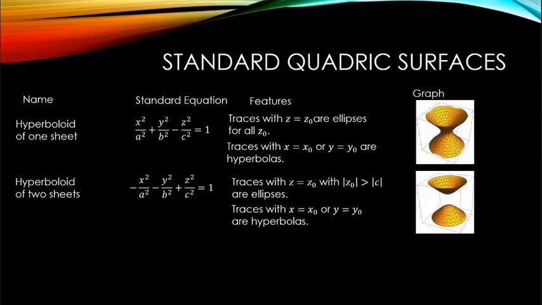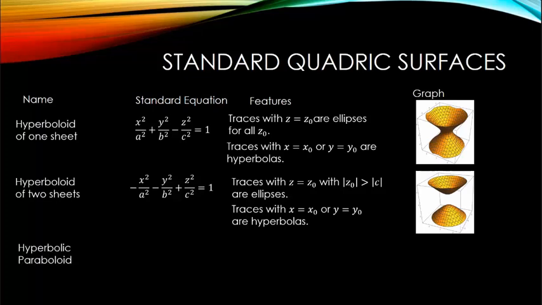The graph of this one looks like two opposing hyperbolic dishes or satellite dishes that are centered at the origin of the coordinate system.